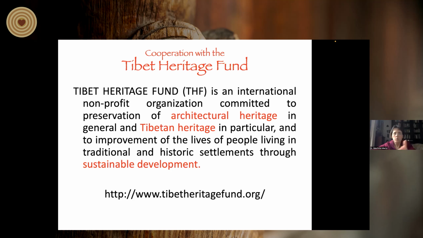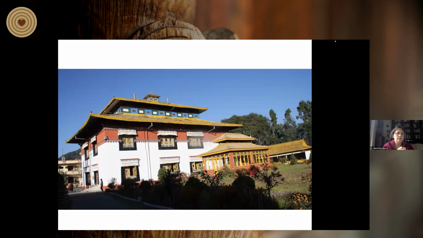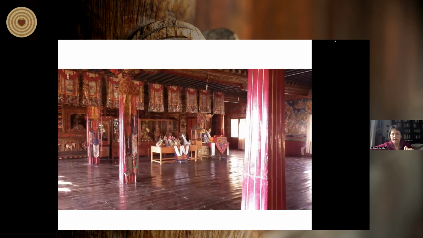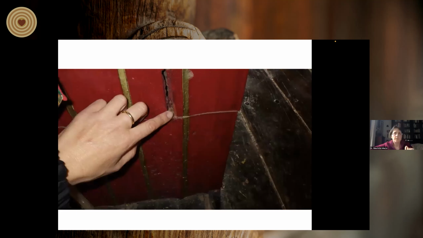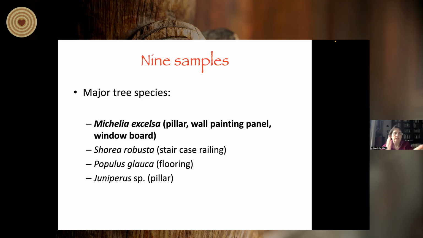And here we are still in Sikkim. Then there's one of the major temples, and I took a sample, as you can see, from the pillar. And the major tree species were Michelia, but also Shorea robusta, or poplar, or juniper.